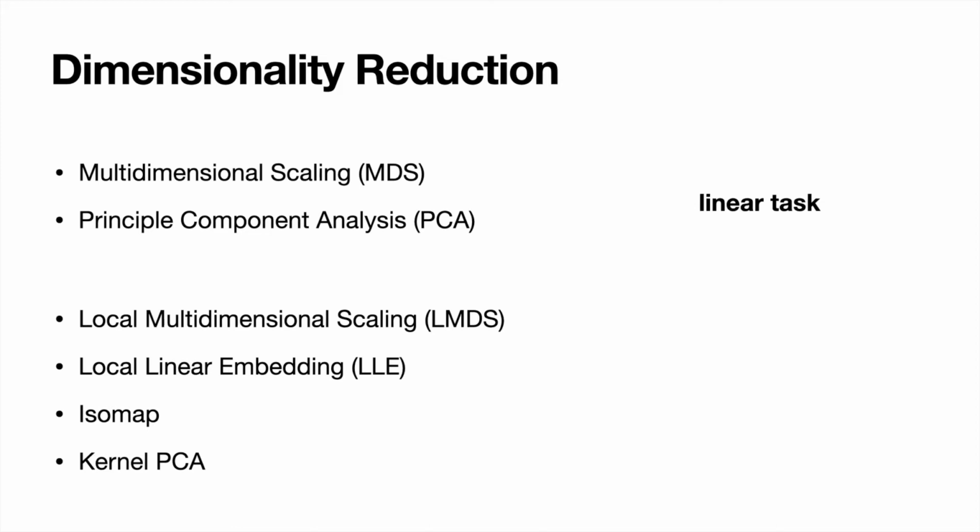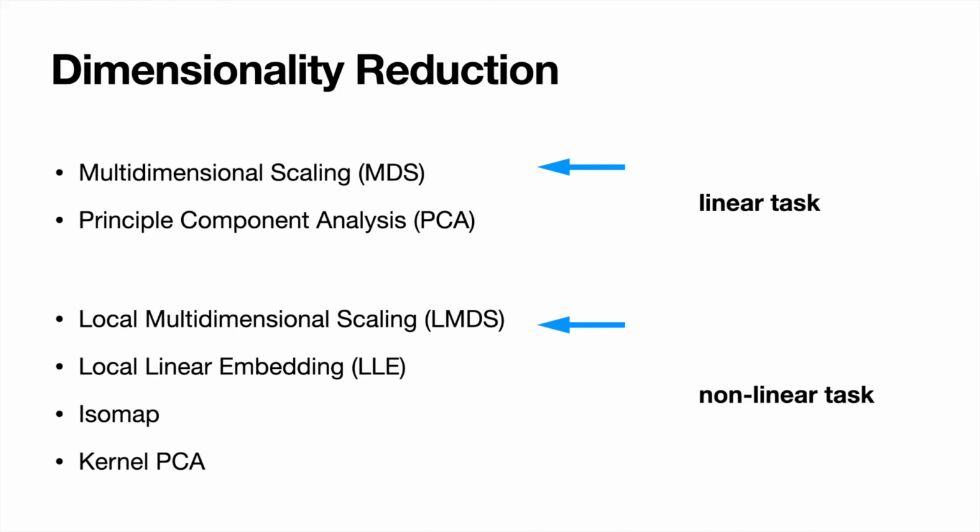So the 4 methods listed below, local multidimensional scaling, locally linear embedding, Isomap, and kernel PCA, are designed for nonlinear tasks. Anyway, we have other methods not listed here. LMDS is our main topic today, but I'll quickly introduce MDS first, since LMDS is a variant of MDS.